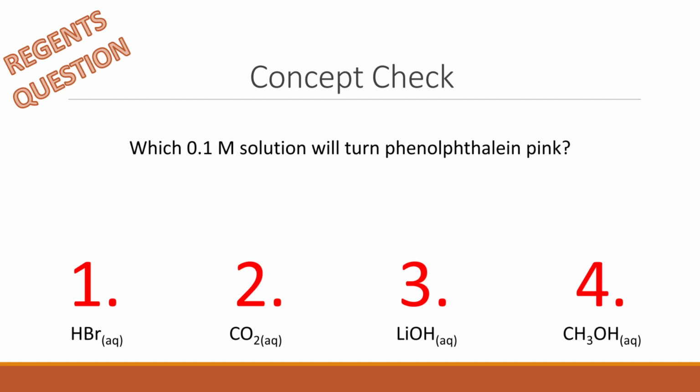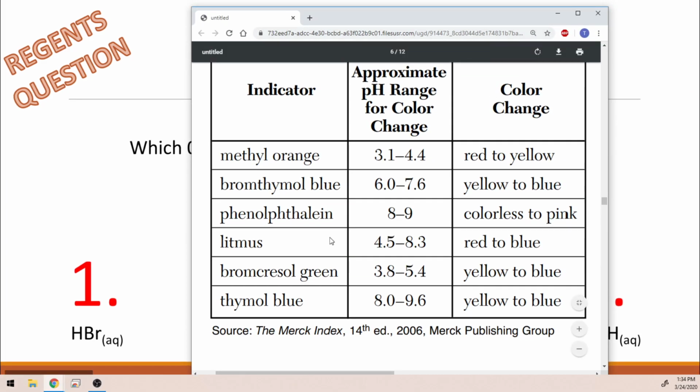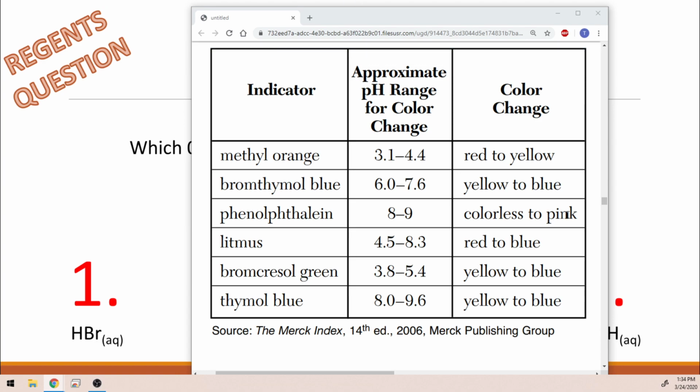Right, so let's do that. We have phenolphthalein, and we want it to turn pink, so that means we want a pH above 9.